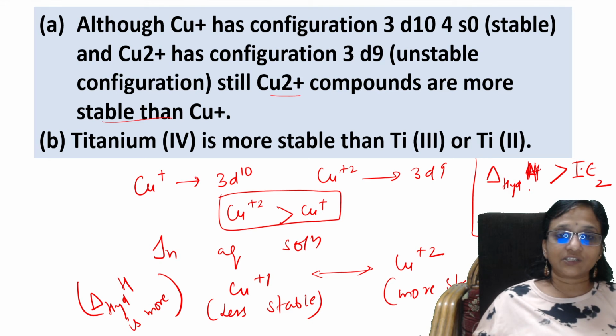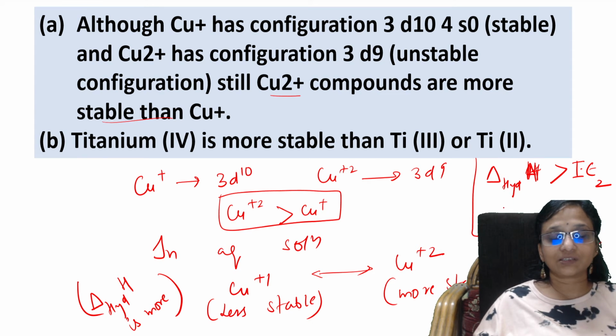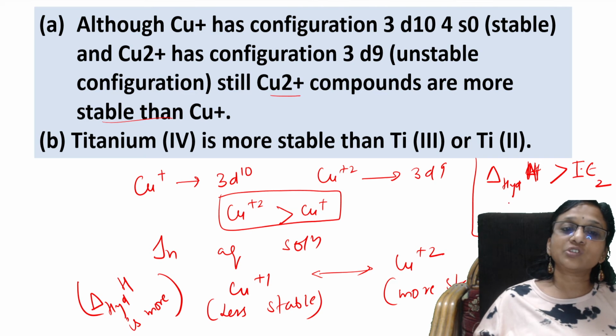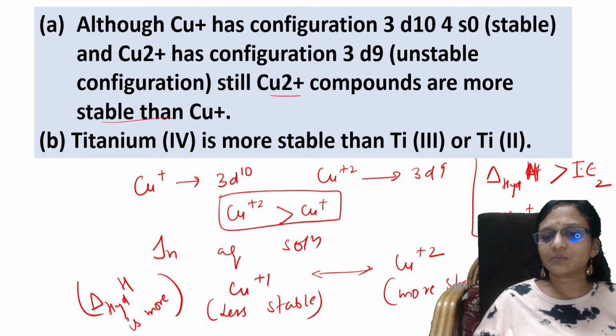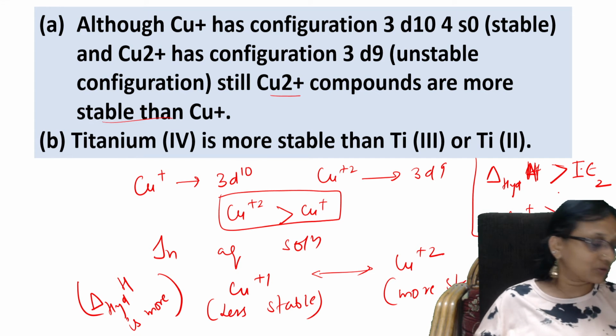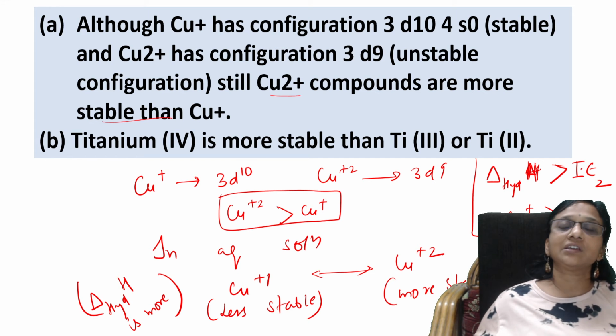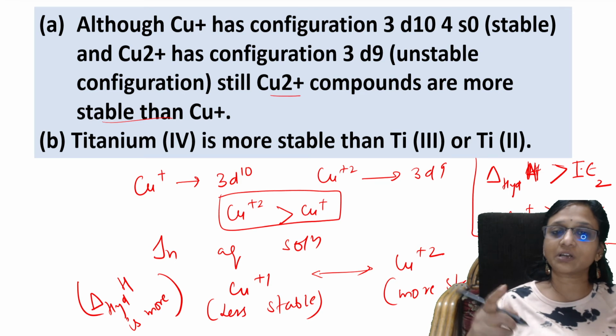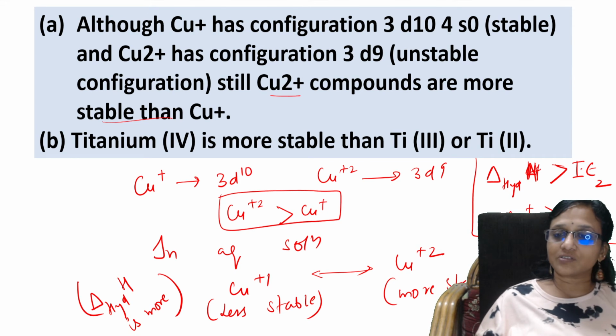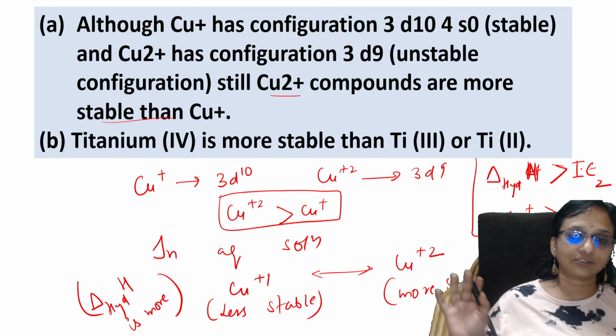That's why Cu plus is more stable compared to Cu plus 2. Yes, the configurations are the same, but Cu plus is more stable than Cu plus 2 because hydration enthalpy is more than the ionization enthalpy. So it will discard that and undergo disproportionation reaction and become stable.